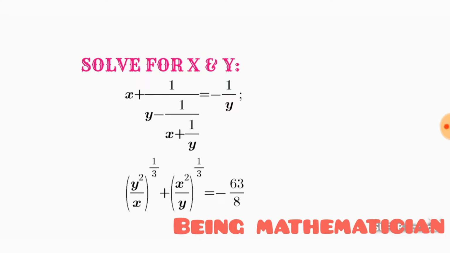Our second problem of this video is from the equation in two variables, that is solve for x and y. x plus 1 by y minus 1 by x plus 1 by y whole expression equal to minus 1 by y, and the second equation is y square by x whole to the power 1 by 3 plus x square by y whole to the power 1 by 3 is equal to minus 63 by 8.